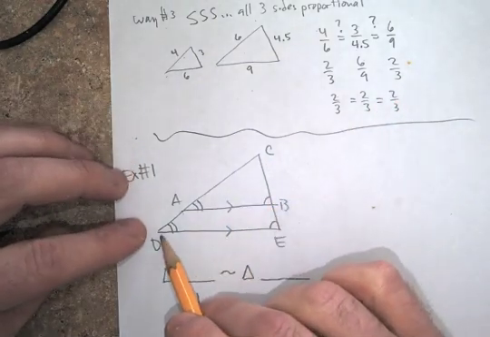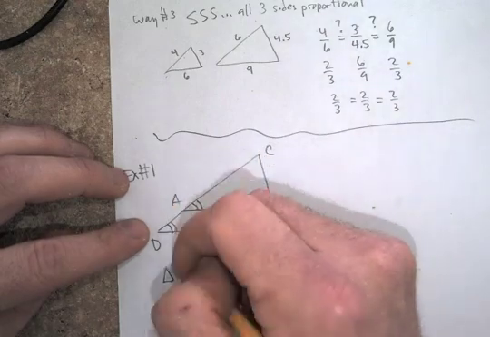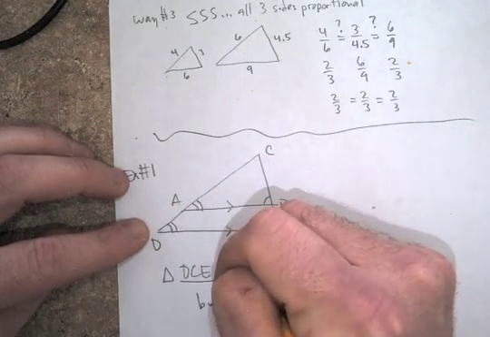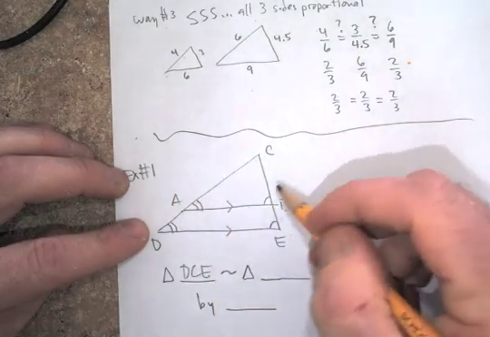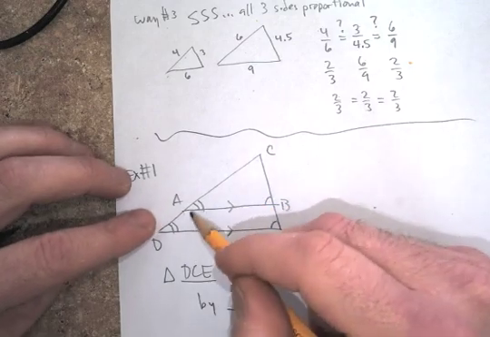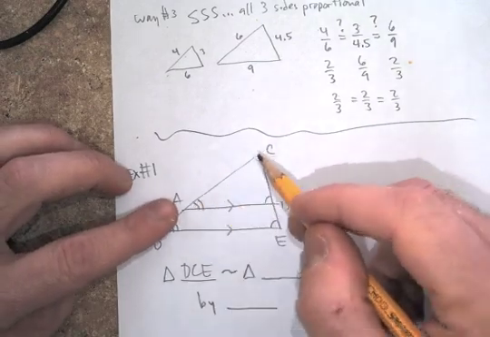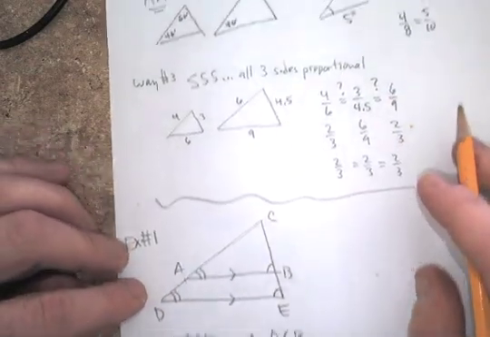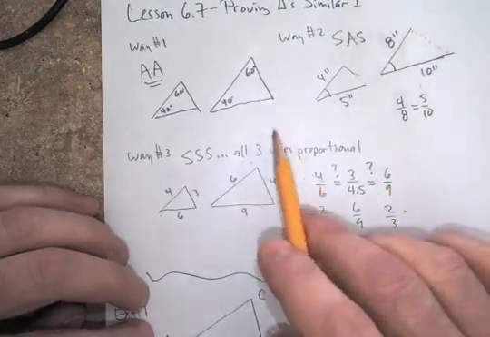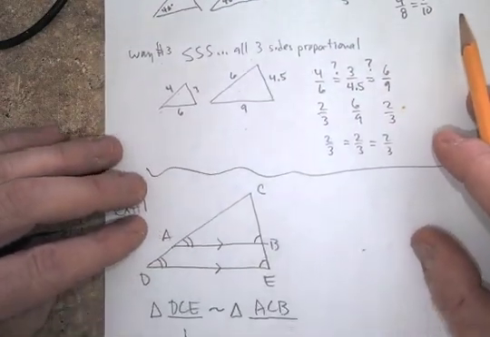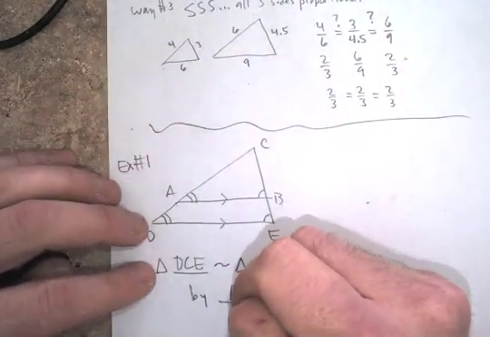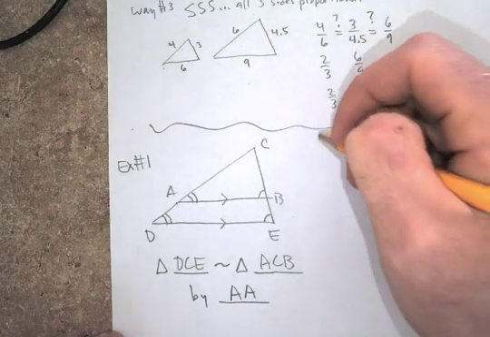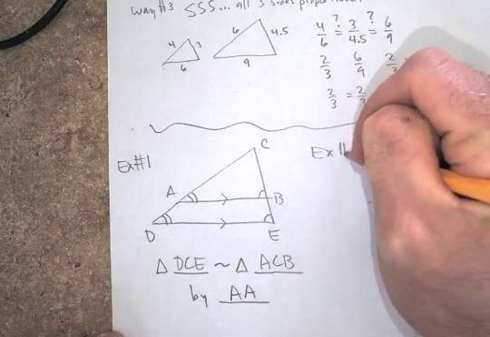So triangle, I'll say the big one, DCE, is similar to, make sure you order the letters correctly, ACB. By which one of these up here? Well, we have two angles matching, right? So by AA. Okay, let's do one more.